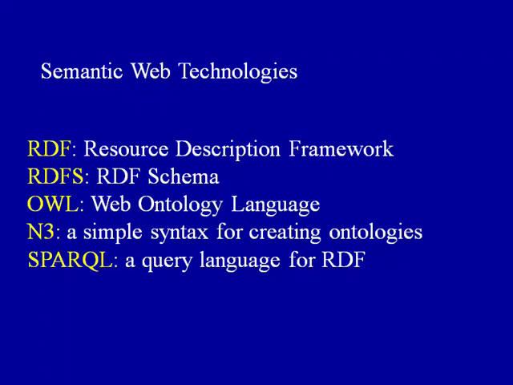There's also a technology called N3, which is a very simple syntax for creating ontologies about the semantic web. And there's a query language called SPARQL, which allows us to do queries over our semantic web knowledge, just the way MySQL, for example, allows you to do queries over a database.